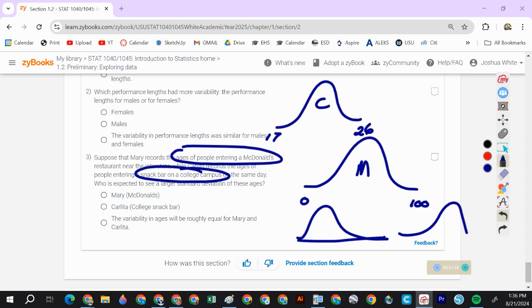So which one is going to have a bigger average? McDonald's, for sure, right? Okay. Which one is going to have a larger spread? McDonald's, why? Well, the middle group could cover like 20 years, whereas here, the middle group might only cover 3 or 4 years. So average is the middle, but standard deviation is the spread. It's the average distance from the average.